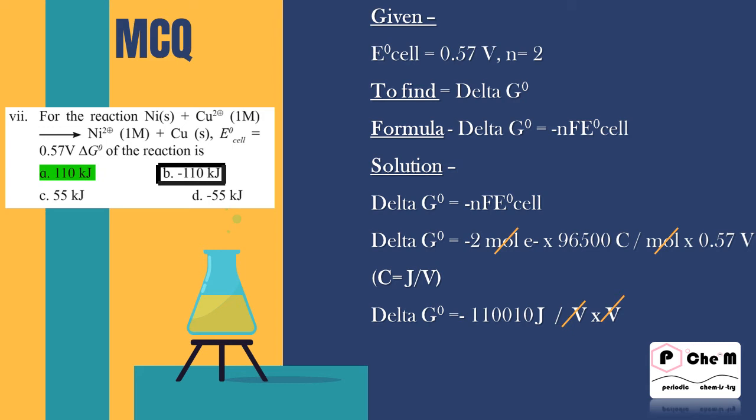But all the options are in kilojoules, so let's convert this into kilojoules. We know that 1 kilojoule is equal to 1000 joules, so I have taken 1000 joules in the denominator so that joules and joules get cancelled out, and we get our final answer as minus 110 kilojoules, which is option B. We can see there are two options, but this negative sign really matters, which tells the spontaneity of the reaction. Remember that whenever cell potential is positive and Gibbs free energy is negative, the reaction is going to be spontaneous.